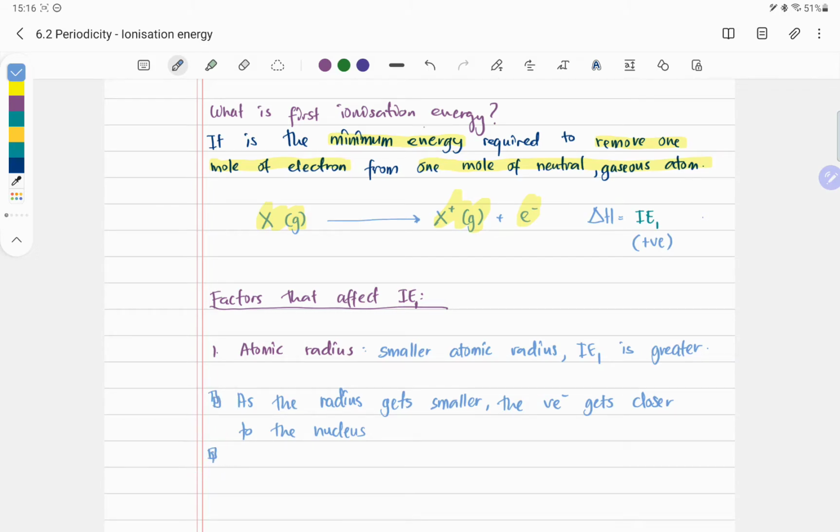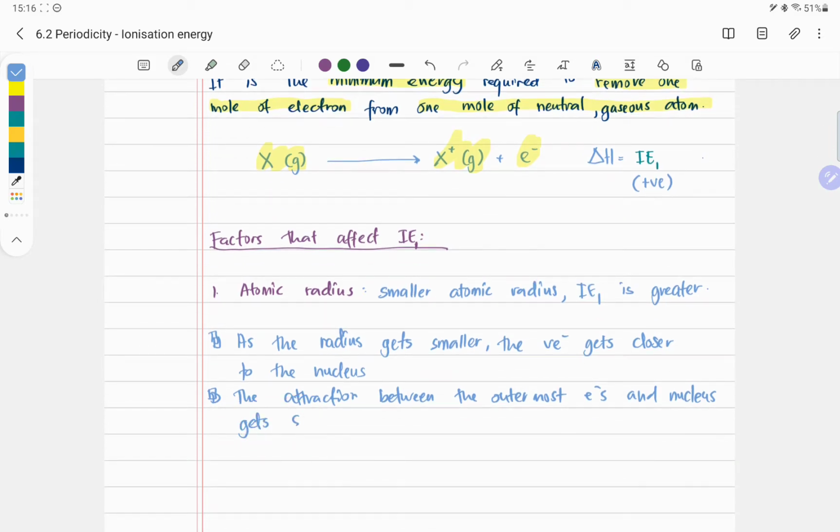The attraction between the outermost electrons and nucleus gets stronger, therefore it is much harder to remove 1 mole of electrons. So this is the explanation.